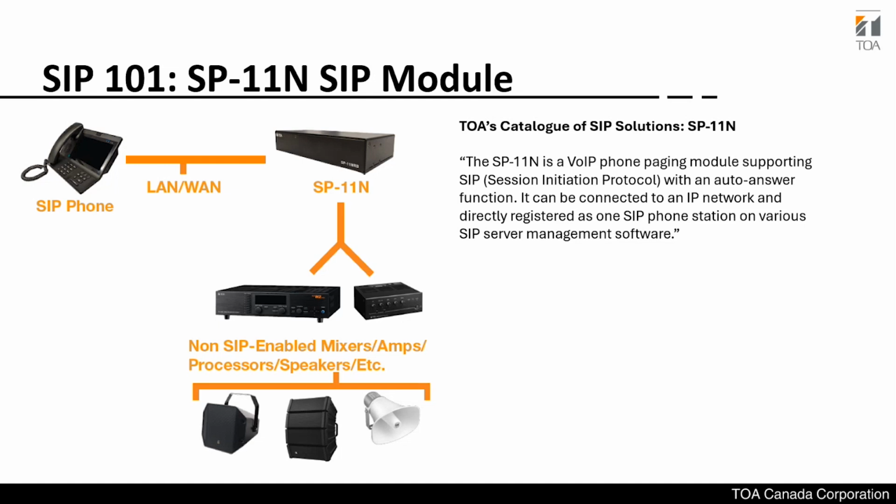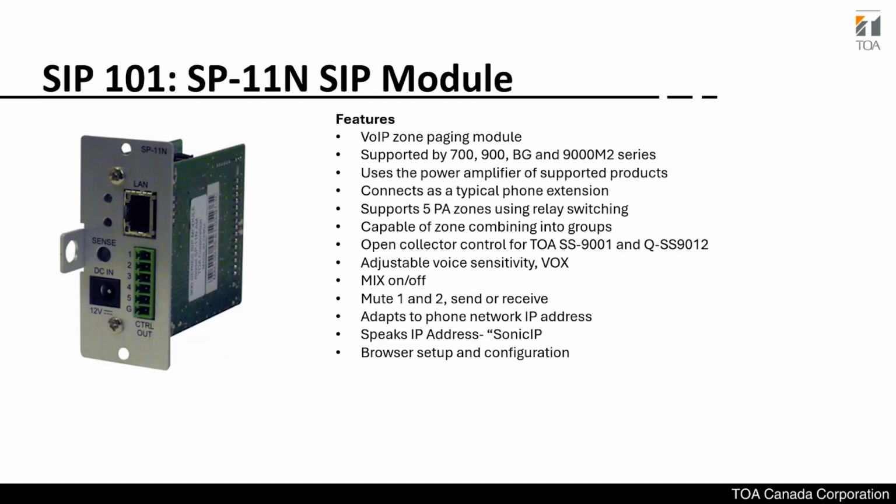So let's discuss the features. Of course, it's a VoIP SIP zone paging module. It is supported by the 700, 900 VG series and 8002 series module amplifiers. It uses the power amplifier of the supported products that I mentioned earlier.